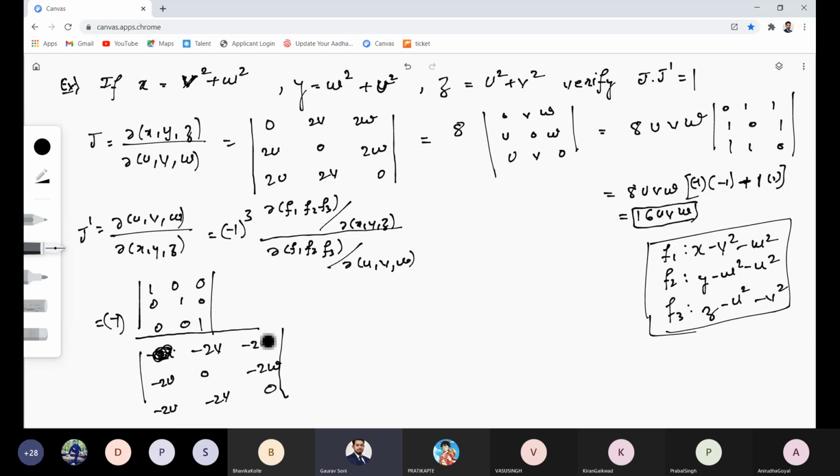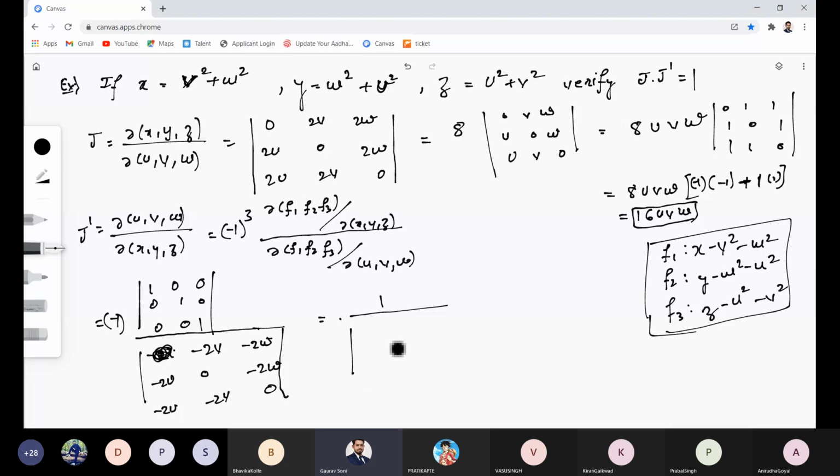Look, the determinants look the same, this and this. Just you have to adjust some of the terms. You take minus common from all three of them, 3 rows. So we'll have minus 1 raised to 3, and this minus in the numerator will get cancelled out.